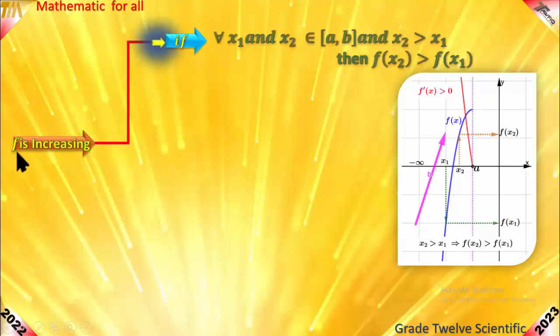Increasing and decreasing of the function. f is increasing if for all x1 and x2 belonging to the interval AB and x2 is bigger than x1, then f of x2 is bigger than f of x1.